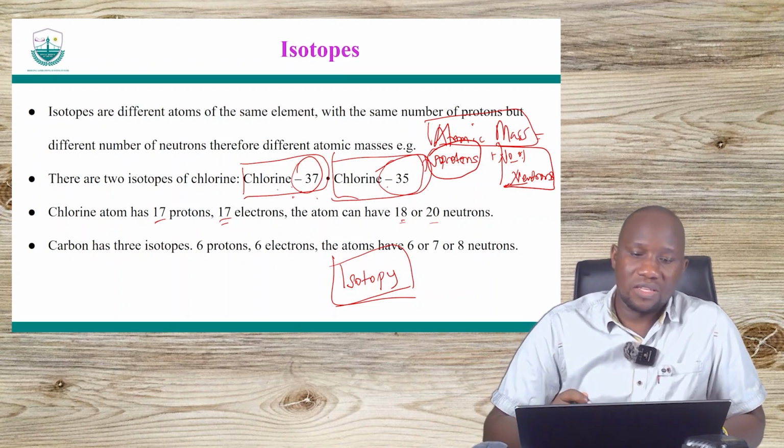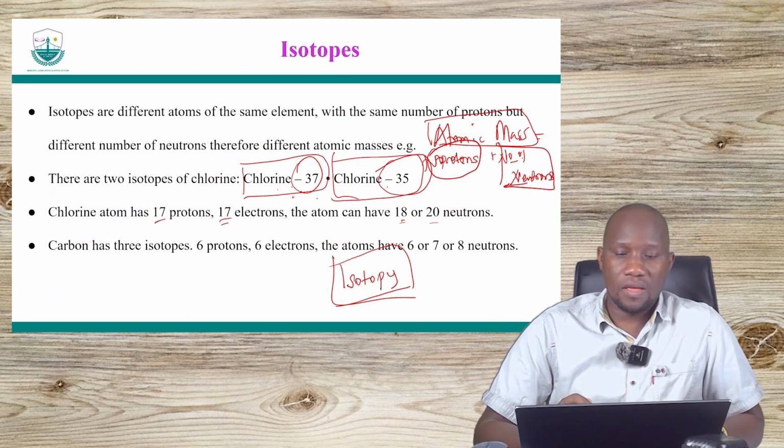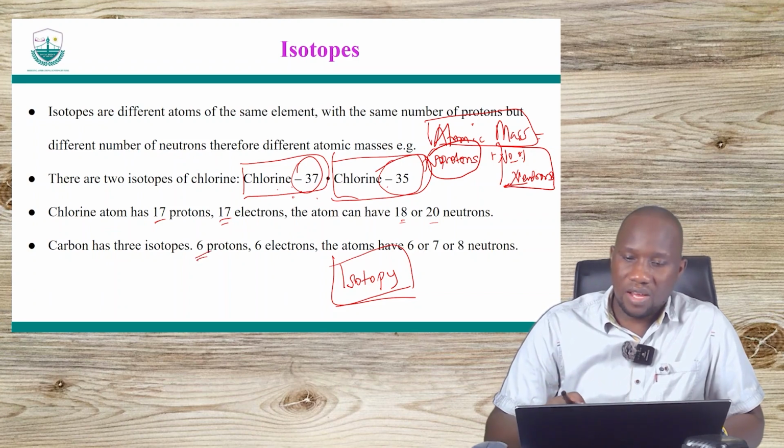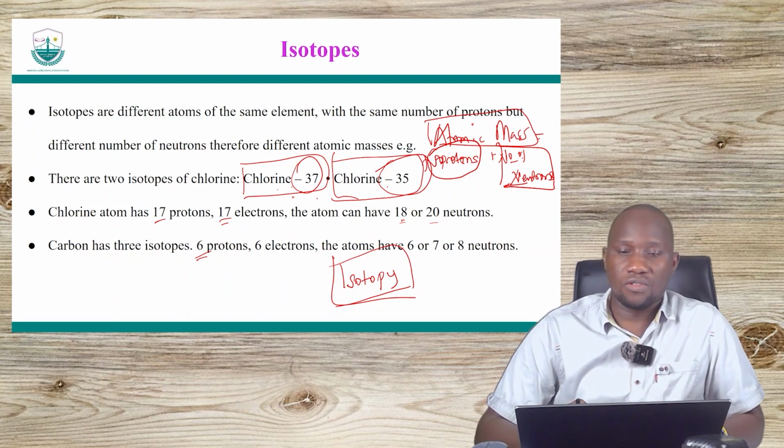The same thing happens with carbon. You have carbon with 6 protons, but you can have carbon that has 6, 7, or 8 neutrons.